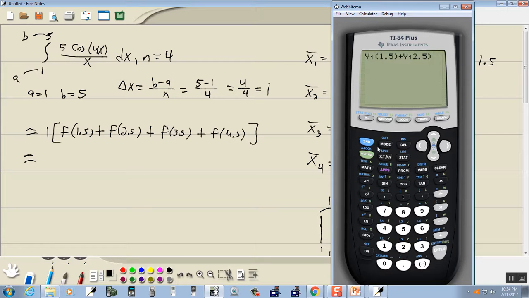Helps if you actually put the parentheses there. This is evaluating functions using the calculator. Vars, function, y1, beginning parentheses, 3.5, plus vars, y vars, function, y1, 4.5.